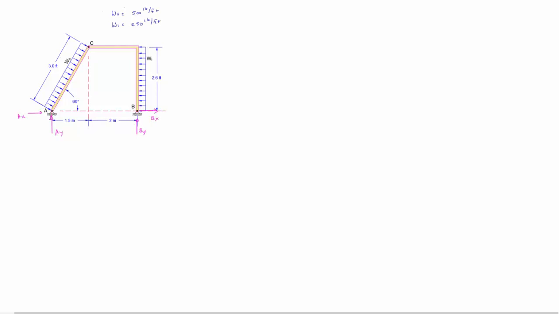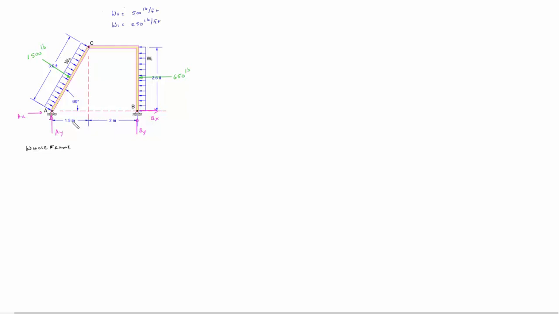So when looking at the whole frame, I can sum my moment at a point and get either AY or BY, but I also have to put in this distributed load here, which is going to be 500 times 3, which is 1,500 pounds. And I need this distributed load here, which is 2.6 times 250, should be 650, I'm sorry, 650 pounds.